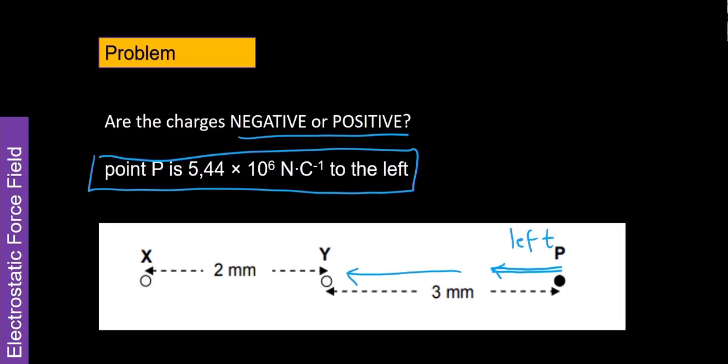Well, because this electric field is being experienced to the left, it means that these charges, the X and the Y, have to be negative. If they were positive charges, then the field strength would be experienced in the other direction. It would be experienced in the right direction.